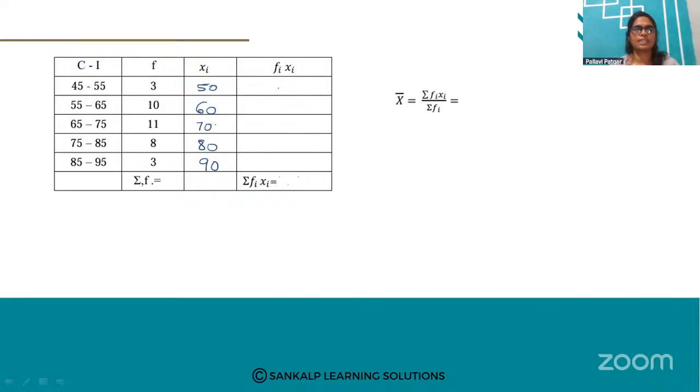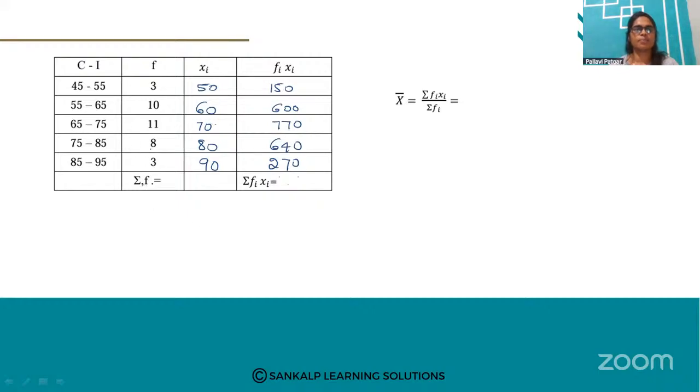So fi into xi. 50 into 3, 150. 60 into 10, 600. 11 into 70, 770. 80 into 8, 640. 90 into 3, 270.